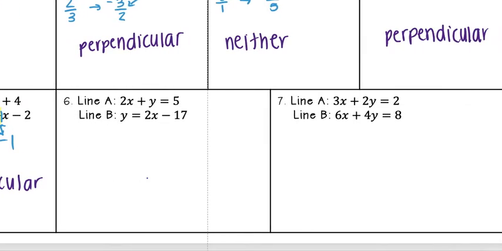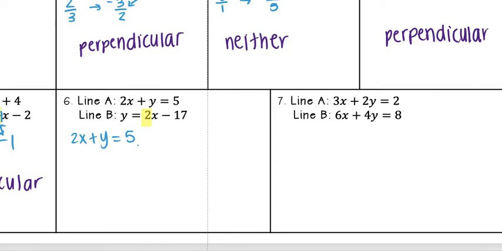Okay, now for number 6 and 7, I notice these aren't already in slope-intercept form. So my first step is to make both equations slope-intercept form. For line B, I already have it, and I know my slope is 2. But now I need to put line A into slope-intercept form. For that, I need to get y by itself.